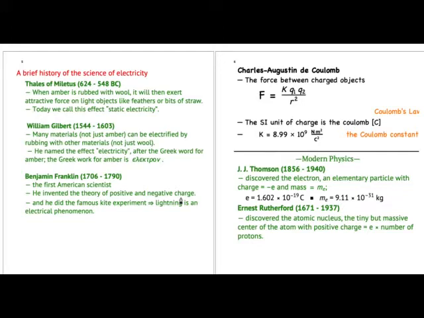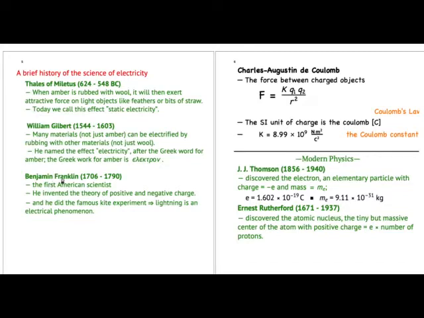Because at the time of Franklin, other scientists had shown that the forces between electrified objects could be attractive, but they could also be repulsive. Thales knew about attractive forces. Gilbert knew about attractive forces. Later scientists discovered repulsive electric forces.